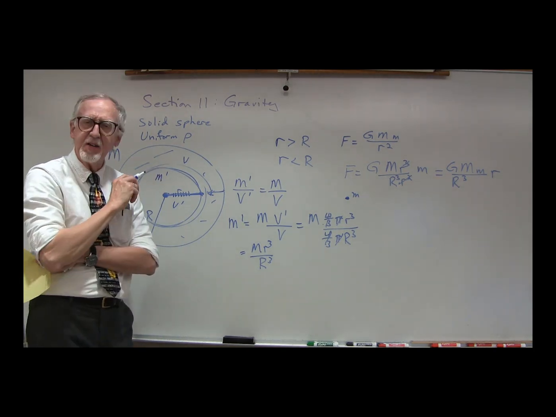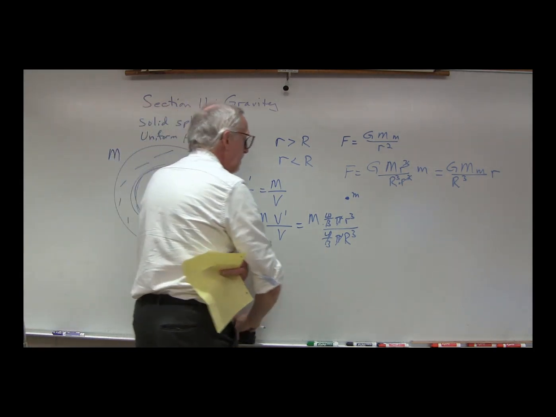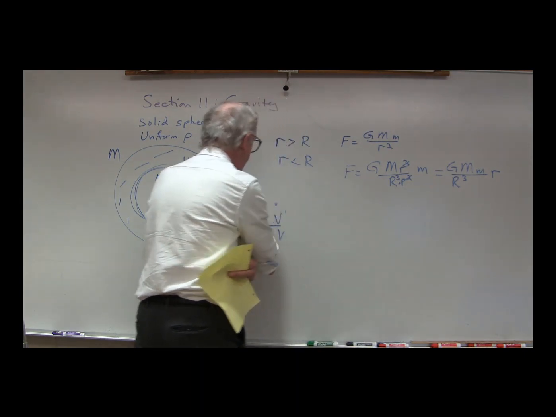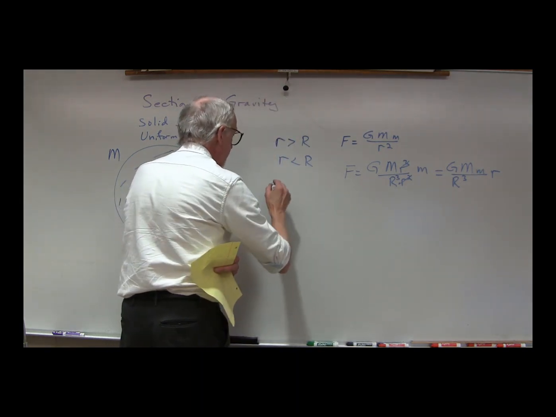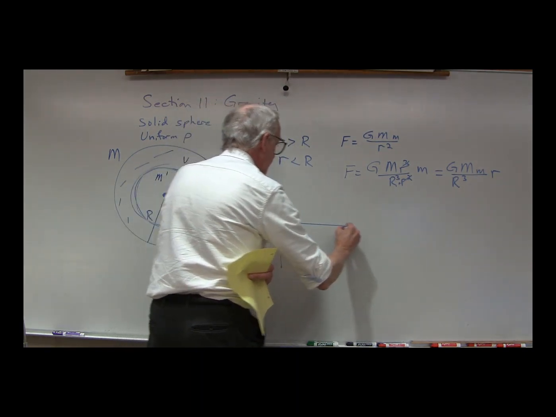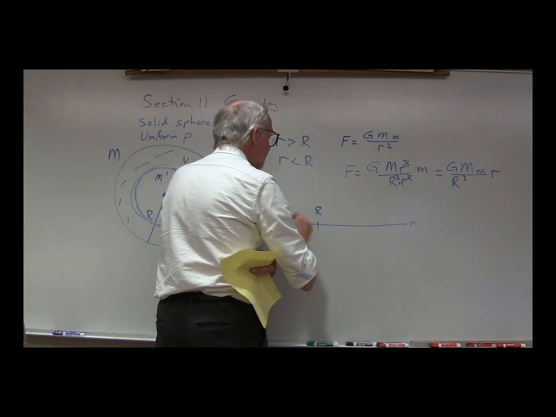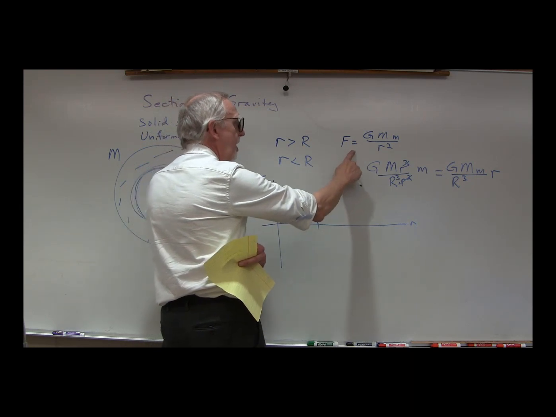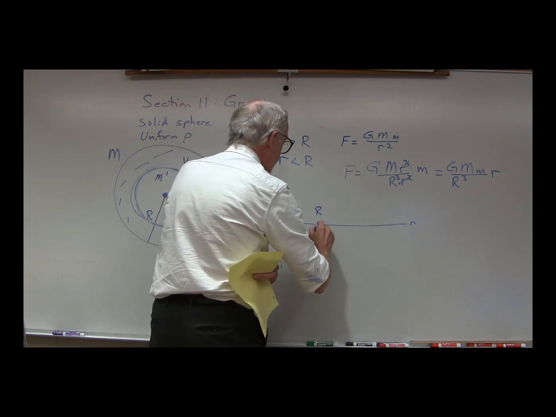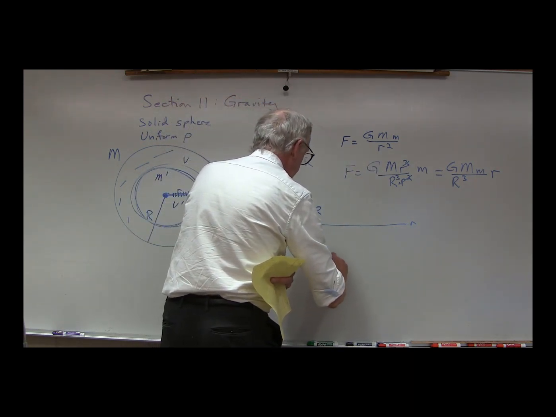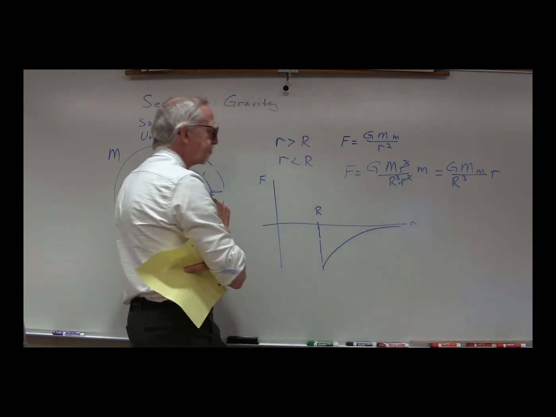So what is this gravitational force going to look like? This is r and this is F. Outside capital R, we have a 1 over r squared dependence. So we're going to have something that looks like that.